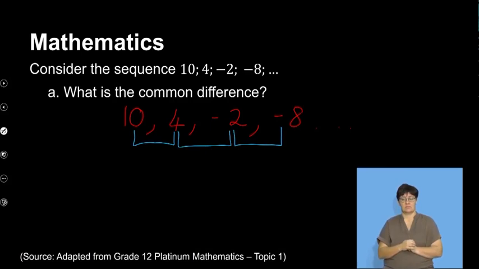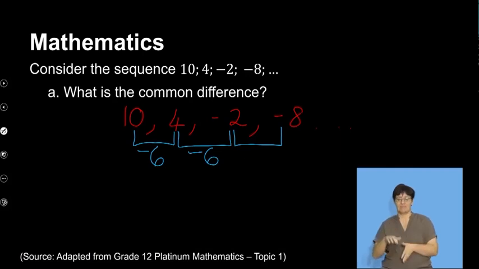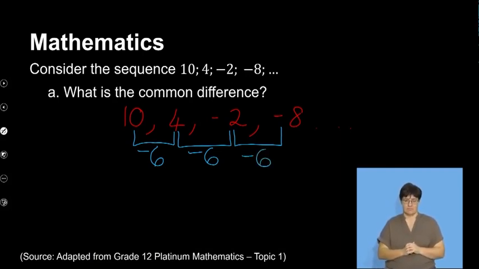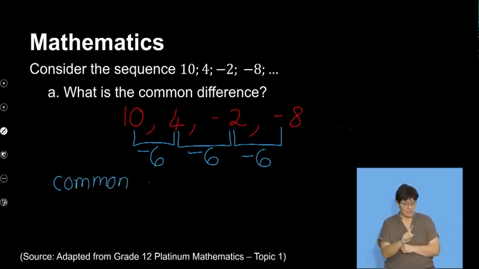So, between 10 and 4, I can see that I subtracted 6. Then, to get from 4 to -2, I subtracted 6 again. Then, to get from -2 to -8, I subtracted 6 again. So, this means that the common difference is in fact -6.